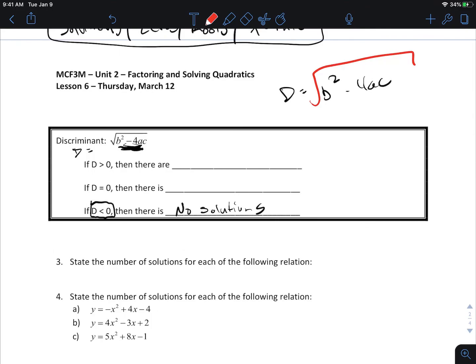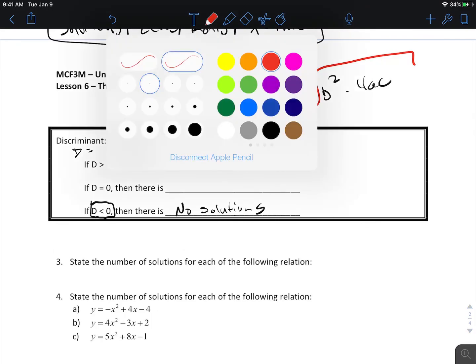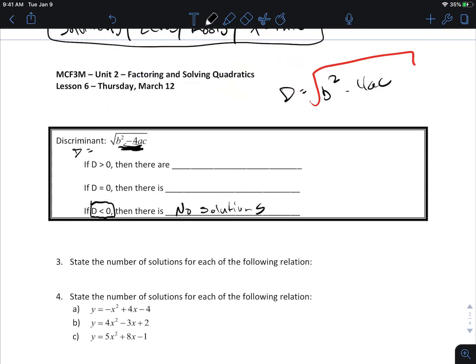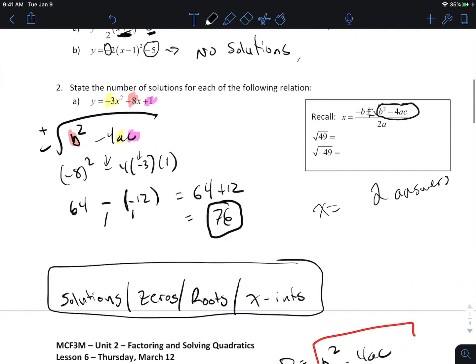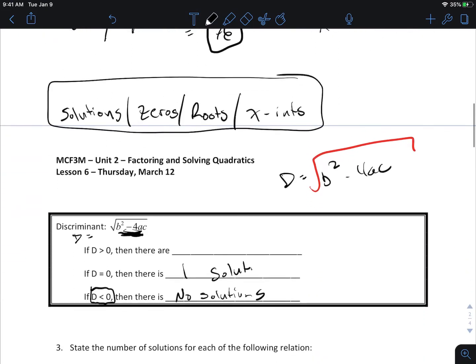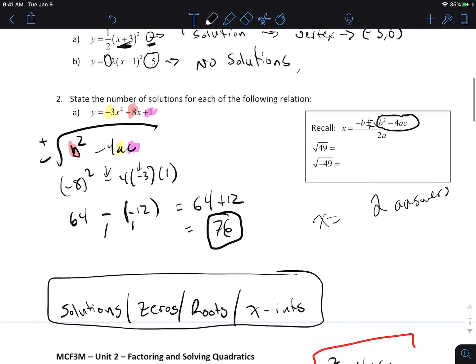If D is equal to 0. Yes, Jessica? Choose 1 point. Why is there 1 point? Because the y value would equal 0, so it would tell you that.